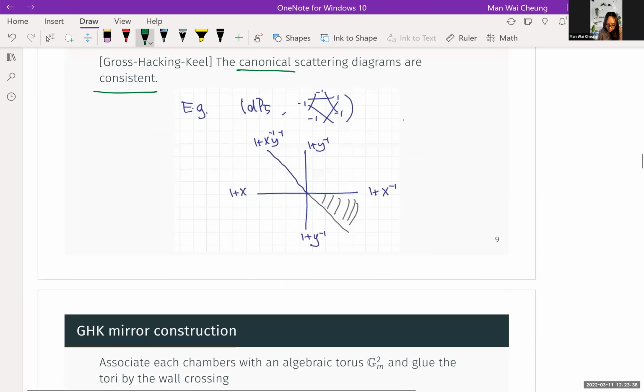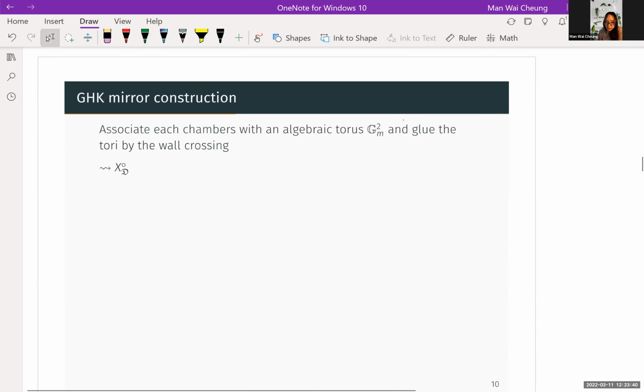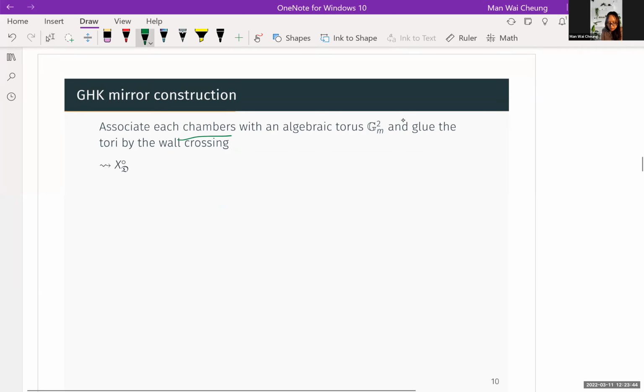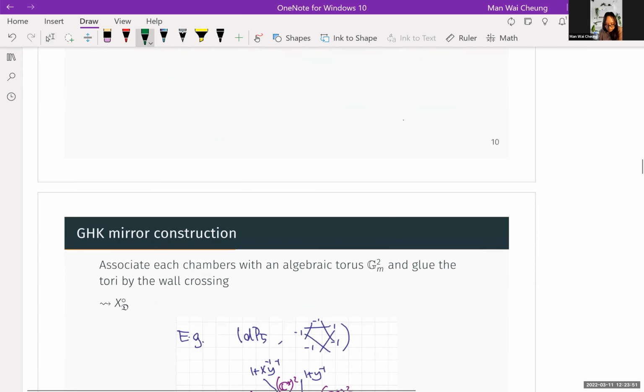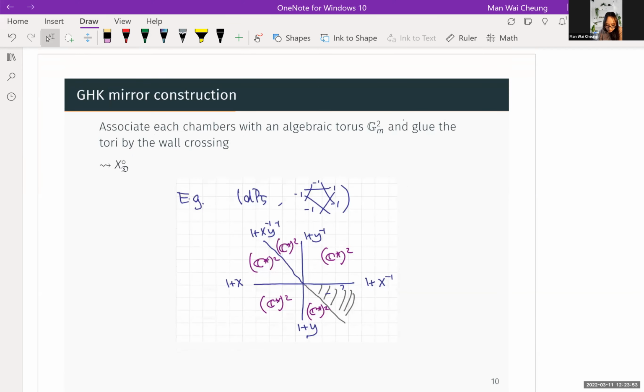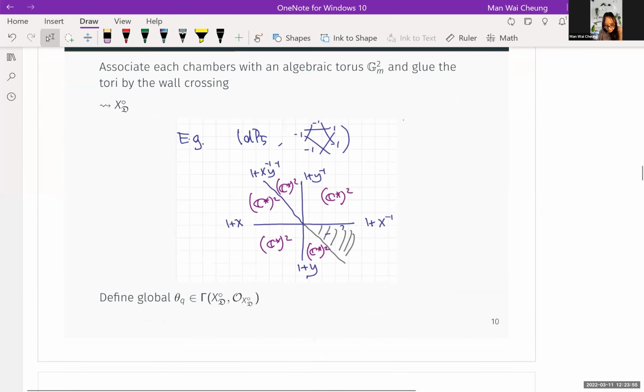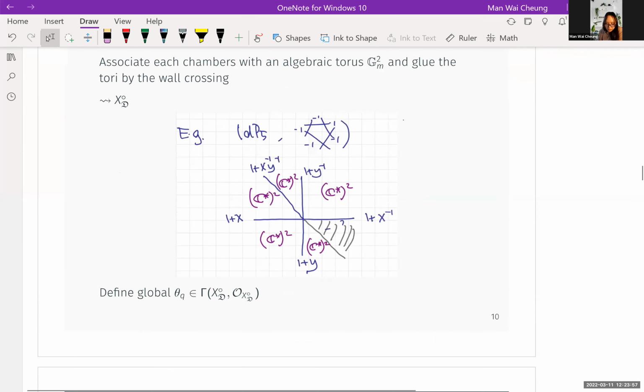Those are the walls. In dP5, we are not adding more walls, but in other cases, we might add more walls. What Gross-Hacking-Keel show is that this scattering diagram, called the canonical scattering diagram, is consistent as well. And then from there, we can repeat the same game as in cluster theory. We associate each chamber with an algebraic torus and glue the tori by wall crossing. And then we can again define theta functions associated to each lattice point.